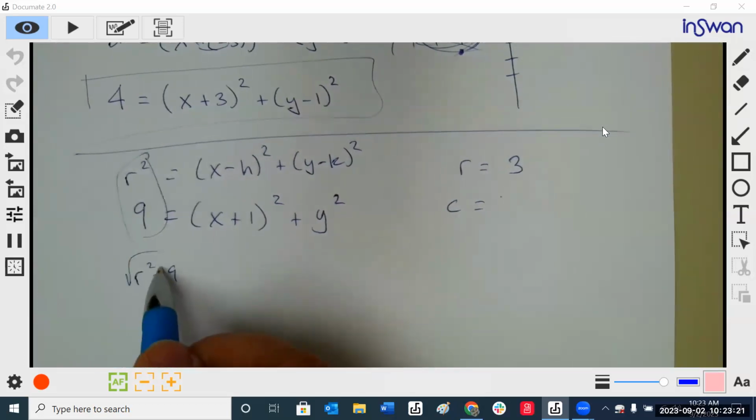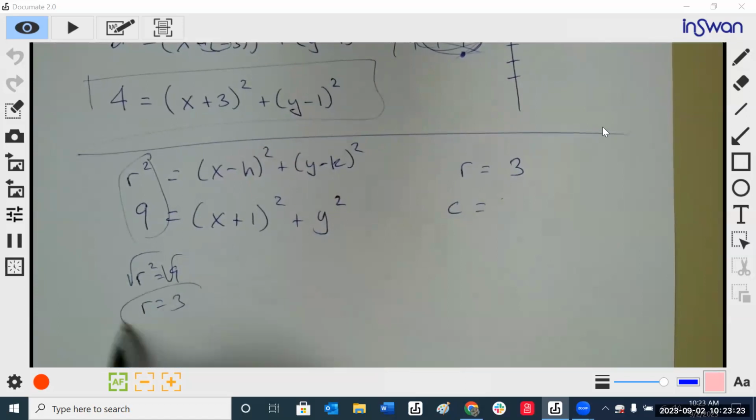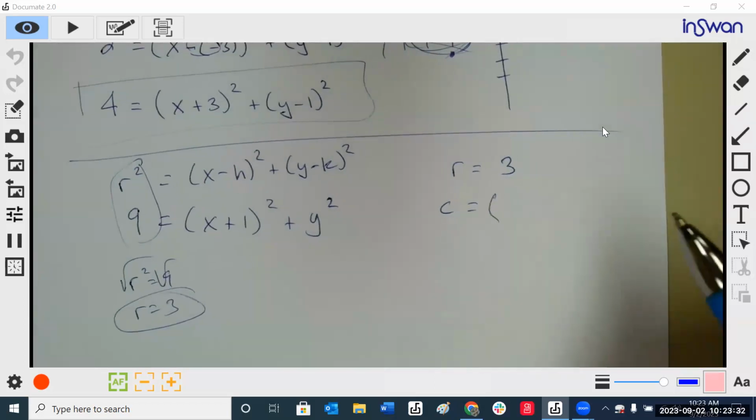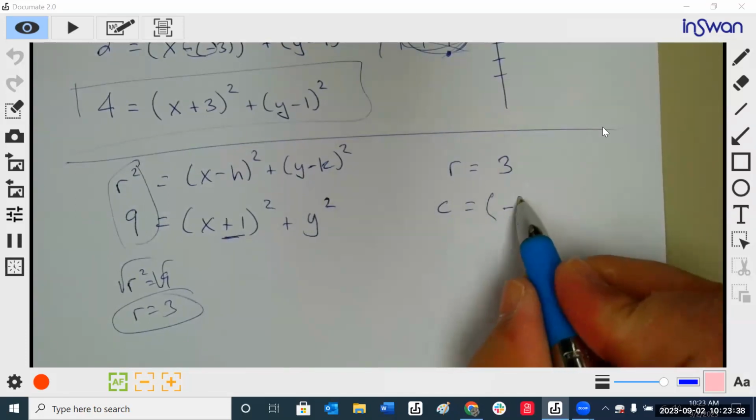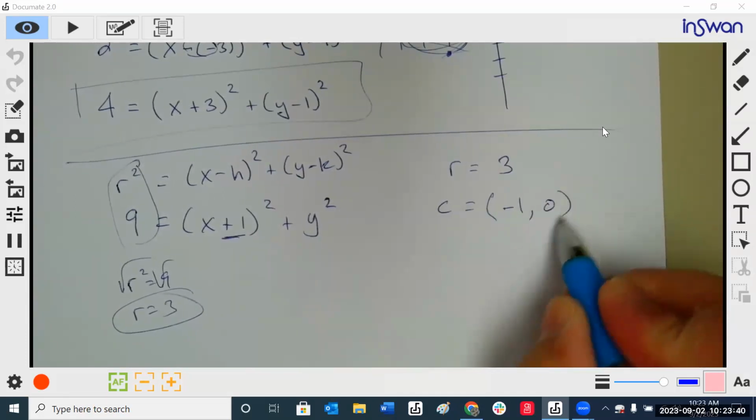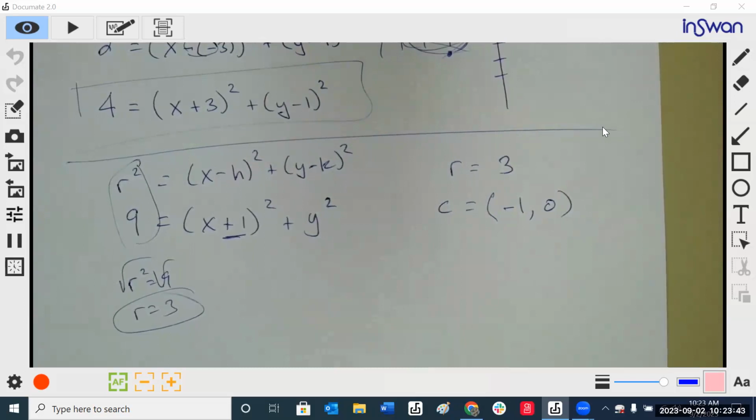We have to square root both sides. So the radius is 3. And the center is at, it's always opposite of what's inside the parentheses. -1, and there's nothing there, so it's 0. Make sense?